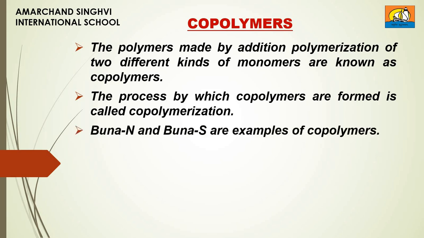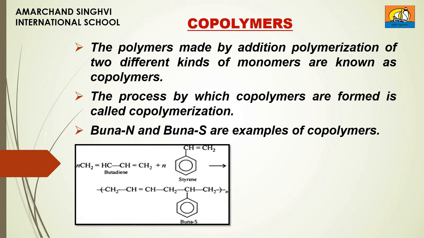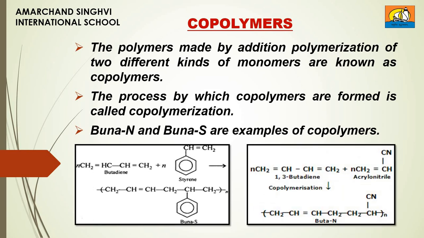Buna-N and Buna-S are examples of copolymers. Look here. 1,3-butadiene and styrene combine together to form Buna-S. Similarly, 1,3-butadiene and acrylonitrile combine together to form Buna-N.